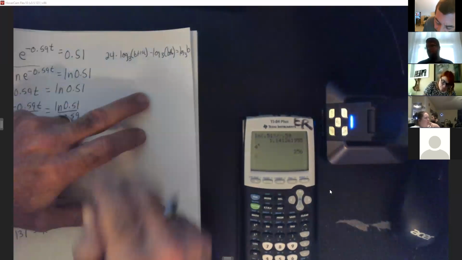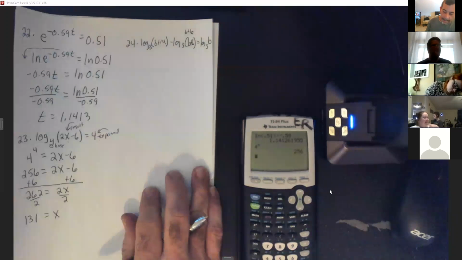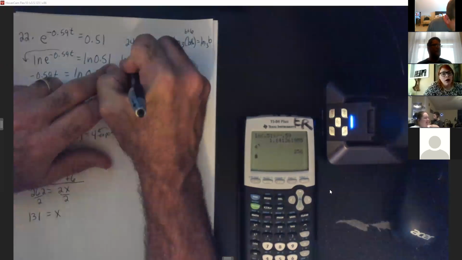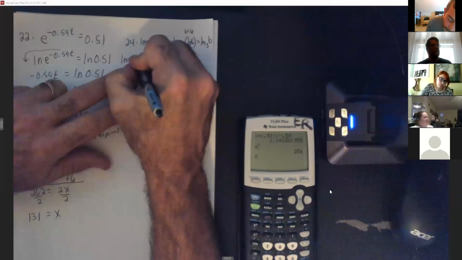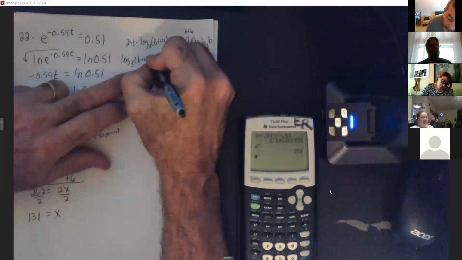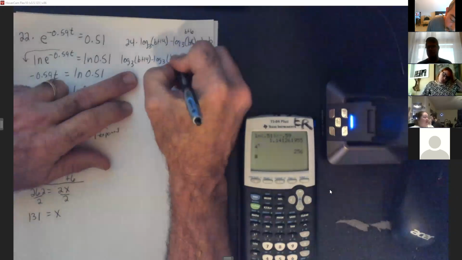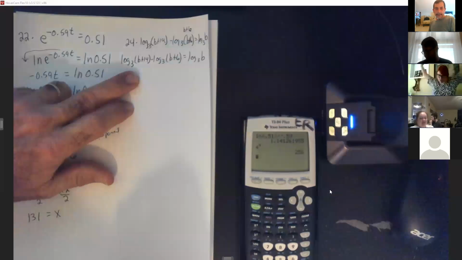So that's a b plus 6 right here. Let me rewrite this. Log base 3 of b plus 14 minus a log base 3 of b plus 6 equals a log base 3 of ab. There, a little better.